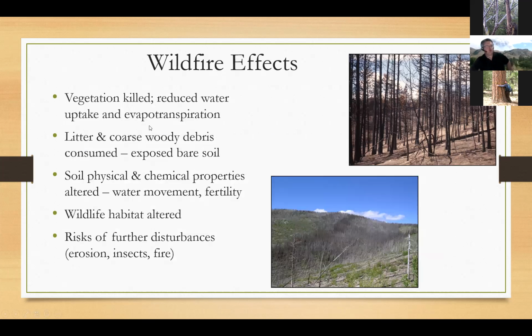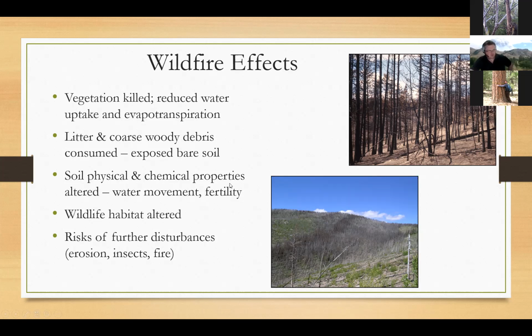And of course, just to review wildfire effects, depending on severity, not all of these will apply, but basically we kill a lot of vegetation, sometimes just understory vegetation, sometimes understory and overstory trees, which reduces water uptake and evapotranspiration. So that alters forest hydrology and soil water dynamics. It consumes litter and coarse woody debris and exposes bare soil.